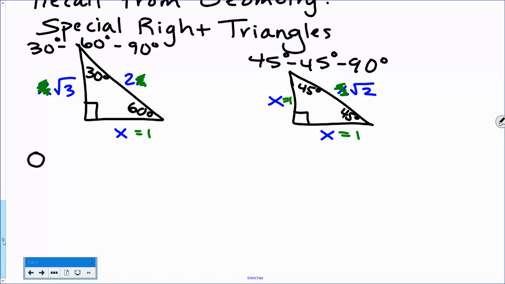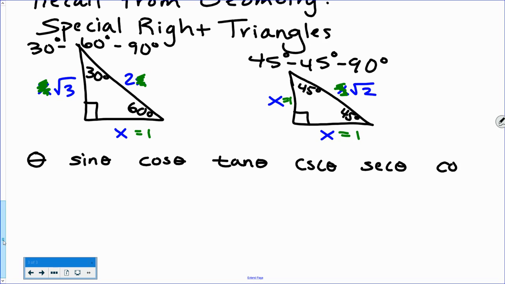All right, so we're gonna make a little chart here. I'm gonna make a chart of all 6 trig functions across. So I'll start with sine of theta, cosine of theta, tangent of theta, and then I'll do their reciprocals in that order. So cosecant, secant, and cotangent.